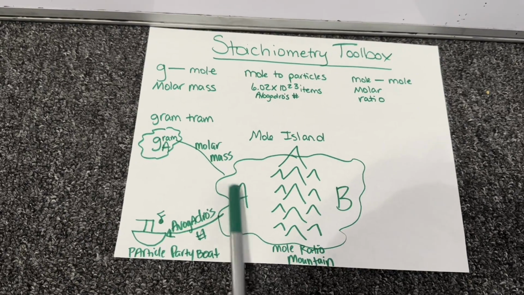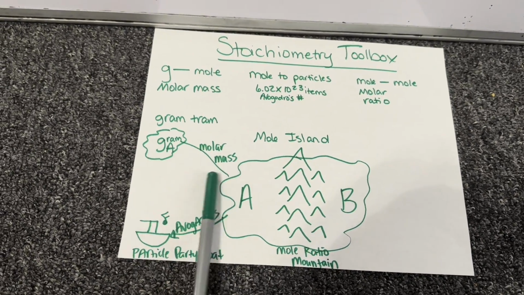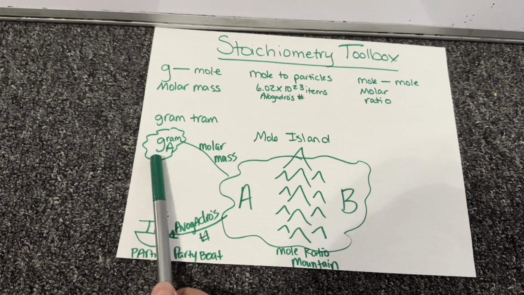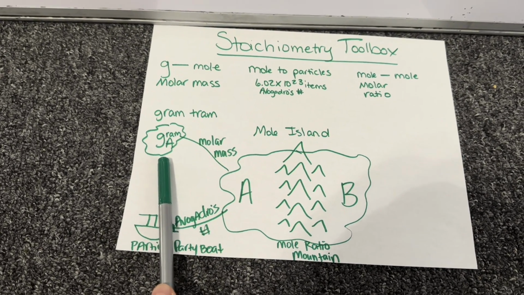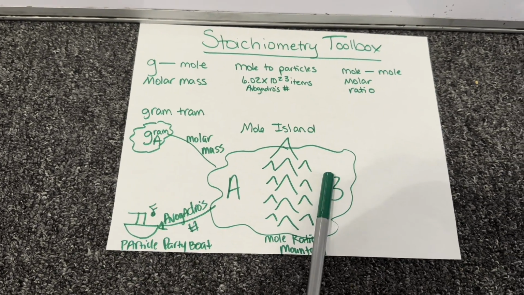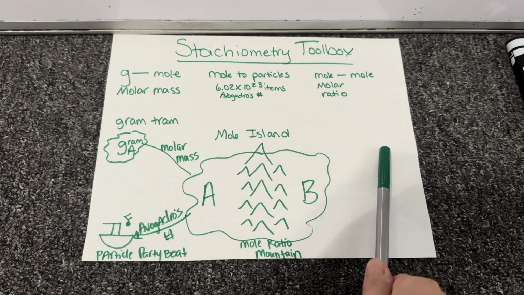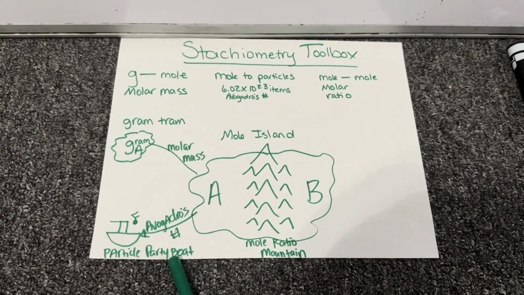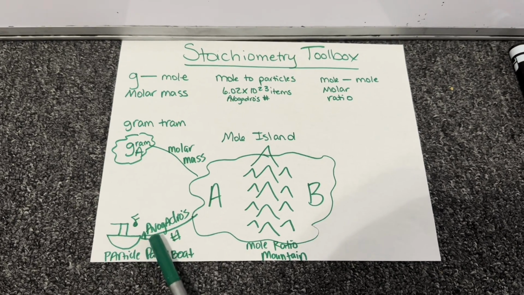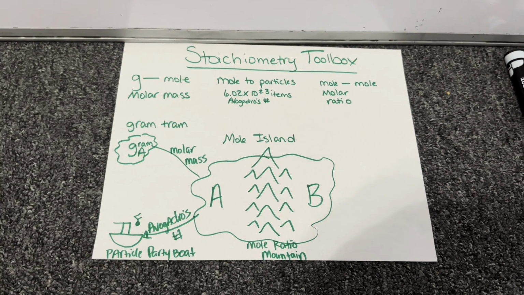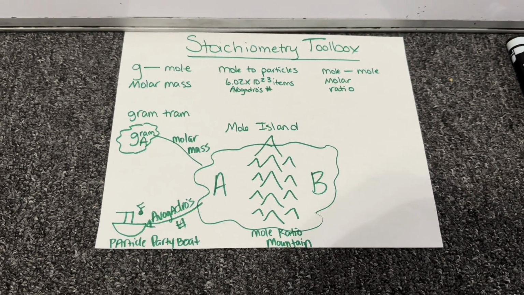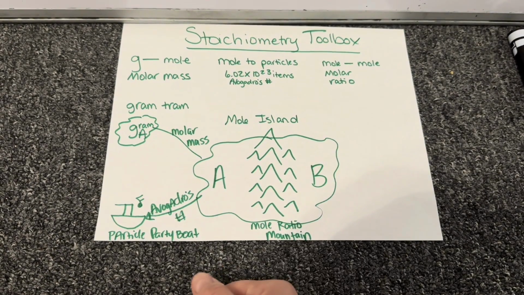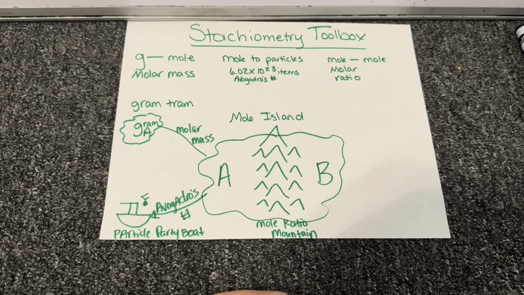If we want to go to grams of A, we've got to use our molar mass to get on the gram tram and go to grams of A. We could do the same thing for B over here. I could have another gram tram to get to grams of B. I've got to use my molar mass. And the same thing for my particle party boat, right? So Avogadro's number is what allows us to get there, right? So this is a visual representation of how we put all of these tools together.